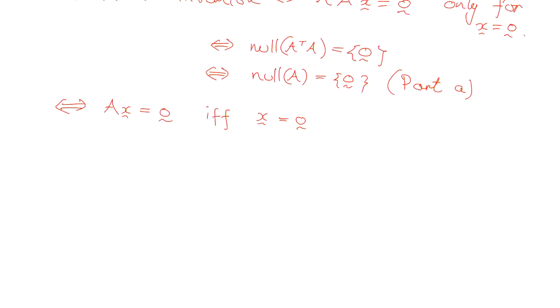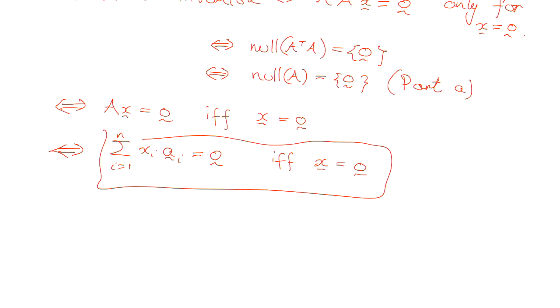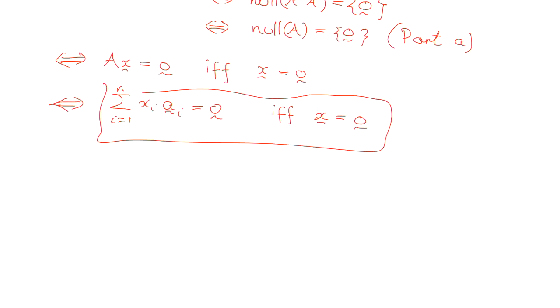Okay. So, what's AX being 0 mean? It means that this linear combination is 0 if and only if X is 0. So stare at that. What does that tell you about the collection of vectors A1, A2, up to AN? Tells you they're independent. It's precisely the statement that these things are independent, by definition of independence.